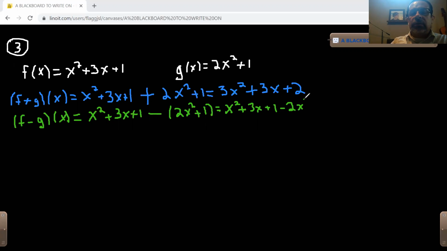Minus 1, I'm sorry. And this in the end would give us x squared minus 2x squared, which is minus x squared. 3x, that's by itself, it doesn't have any other terms. And 1 minus 1 is 0, so it would be left like this, okay?